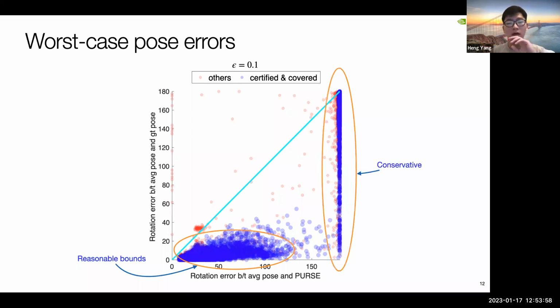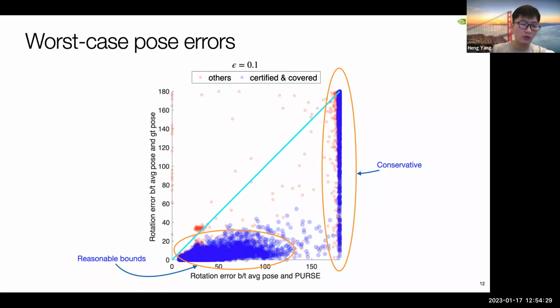But then here, these are conservative bounds. Look at these: the bound you get here is 180 degrees, which is the maximum possible bound. So this means I'm giving you very loose bounds. I think this corresponds to the case where the pose set is not even bounded, or not even closed or something. So that's why they give you these very conservative bounds.